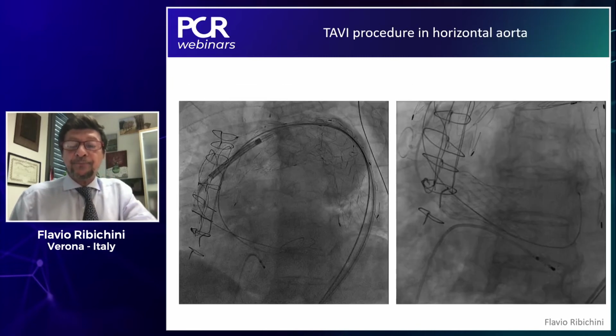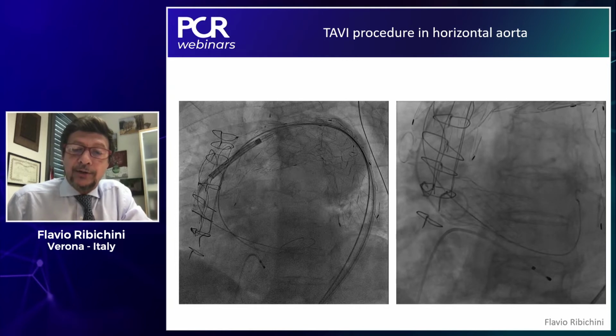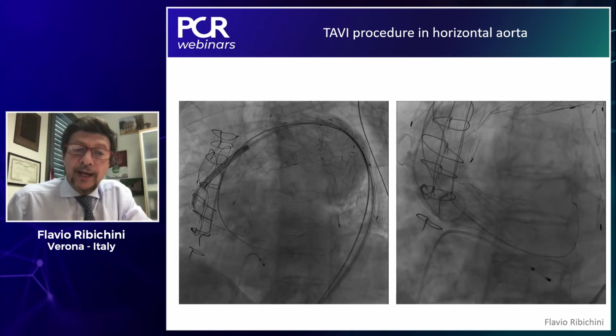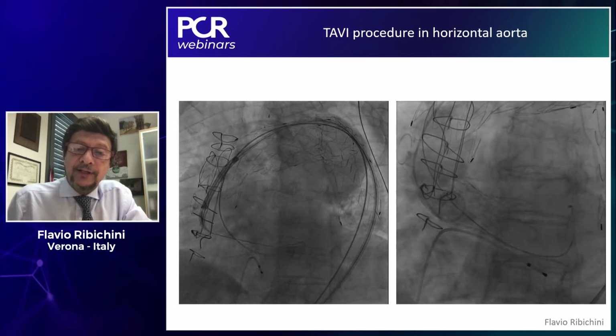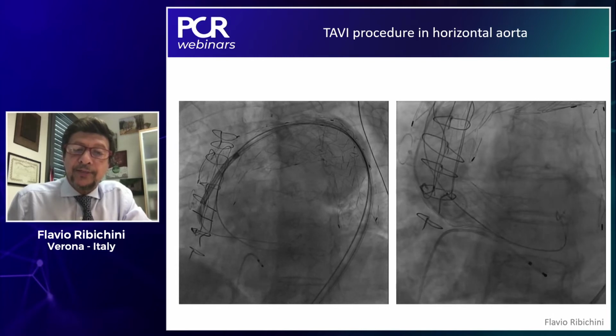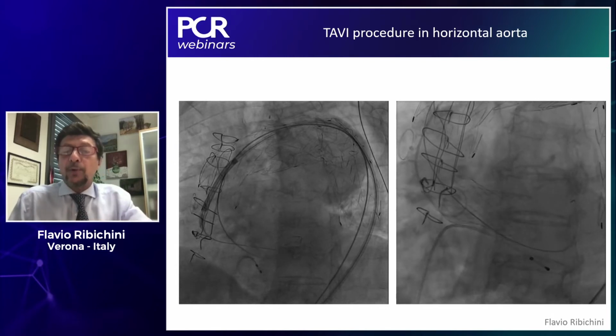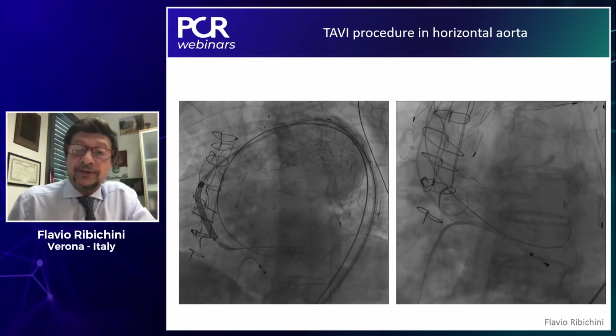Next, please. You will see the unfavorable anatomy of this ascending aorta. And you can understand it easily when you see the navigation of the CoreValve in this extremely horizontal aortic root. You see that the valve will get in, and after deployment is totally horizontal. So the alignment of this valve is very demanding.